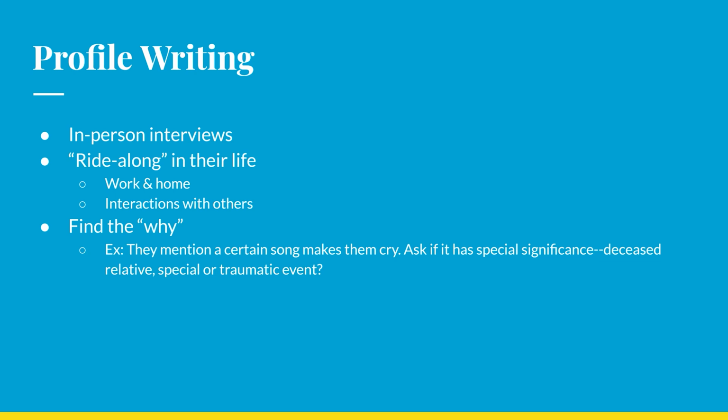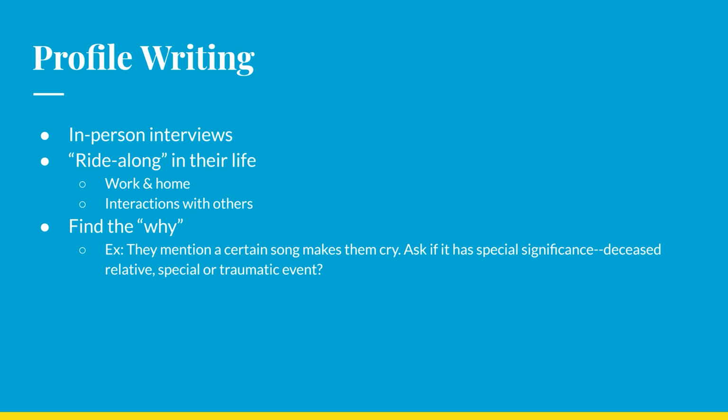So let's say there's a certain song that makes them cry. Ask if it's because it's related to a special moment with a person who's no longer with us, or maybe it's from a traumatic event, or maybe it's from their quinceañera or their birthday party, and it just brings back a lot of happy memories about their childhood.